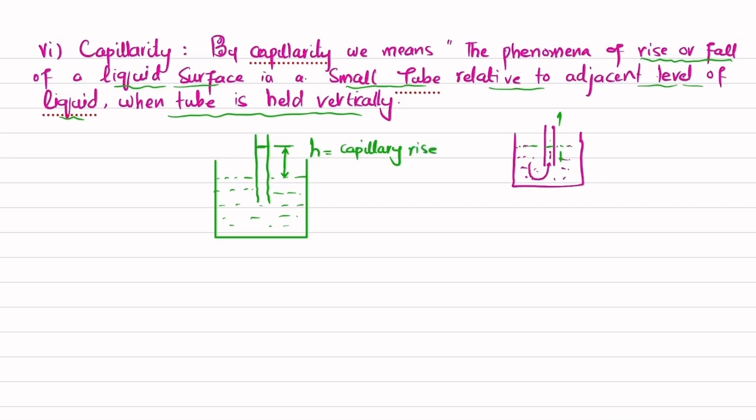On the other hand, it might go downward, just like in this example. Now this is the level of fluid and this is the level in this tube. This will also be known as h, and this is known as capillary depression. So either there will be capillary rise or capillary depression.